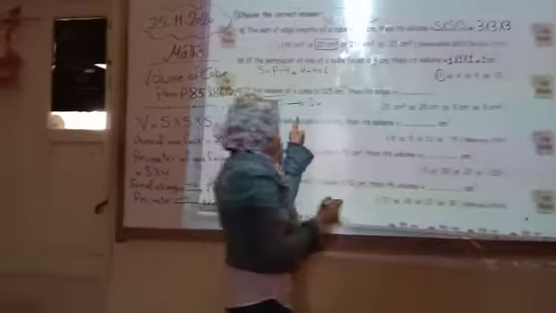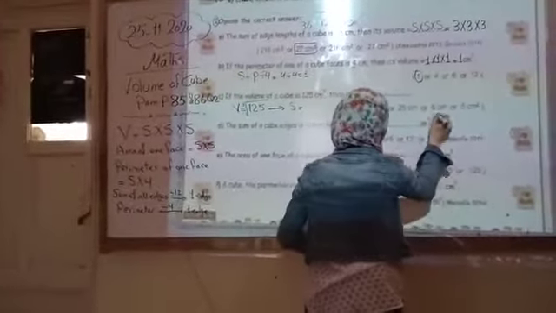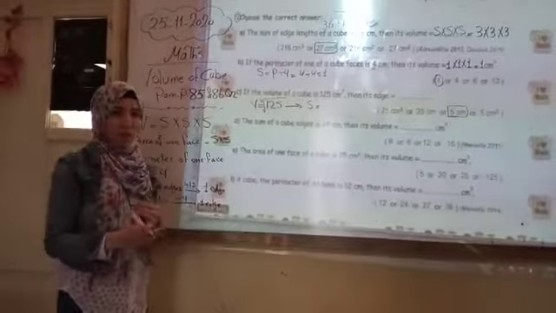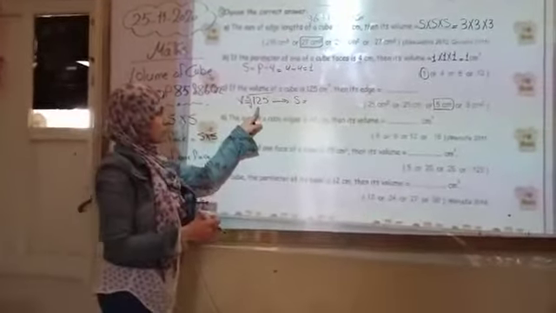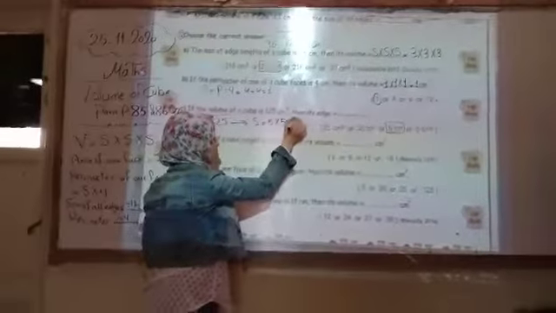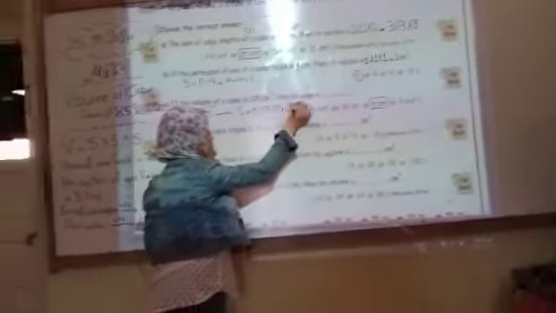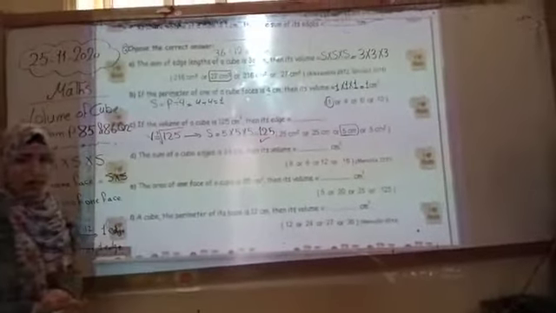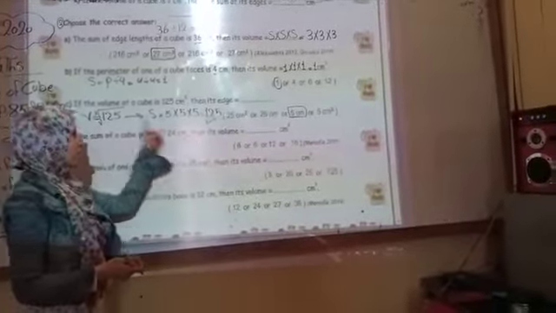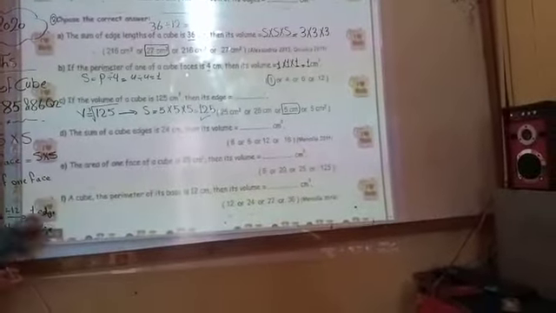Side will be 5. To check our answer, we make 5 by 5 by 5 equals 125.